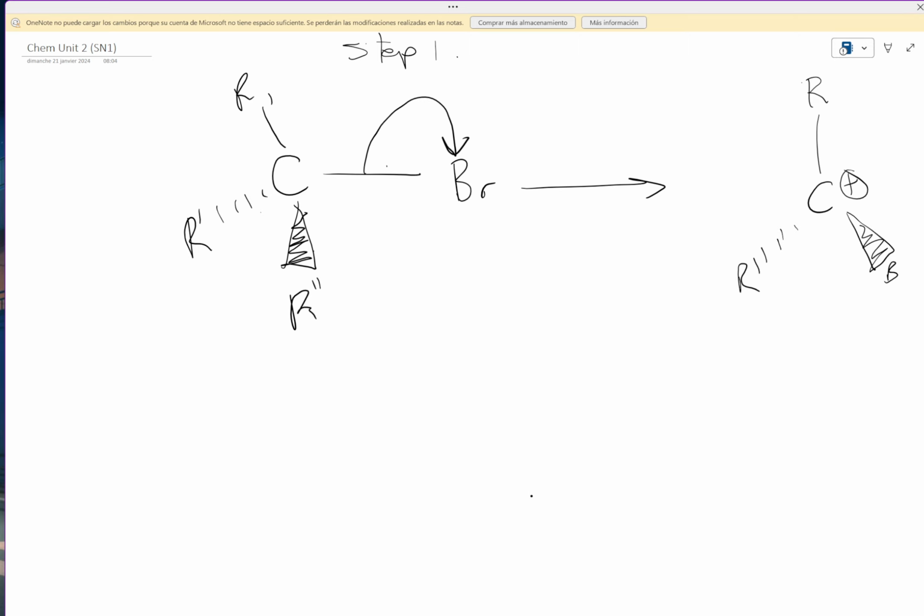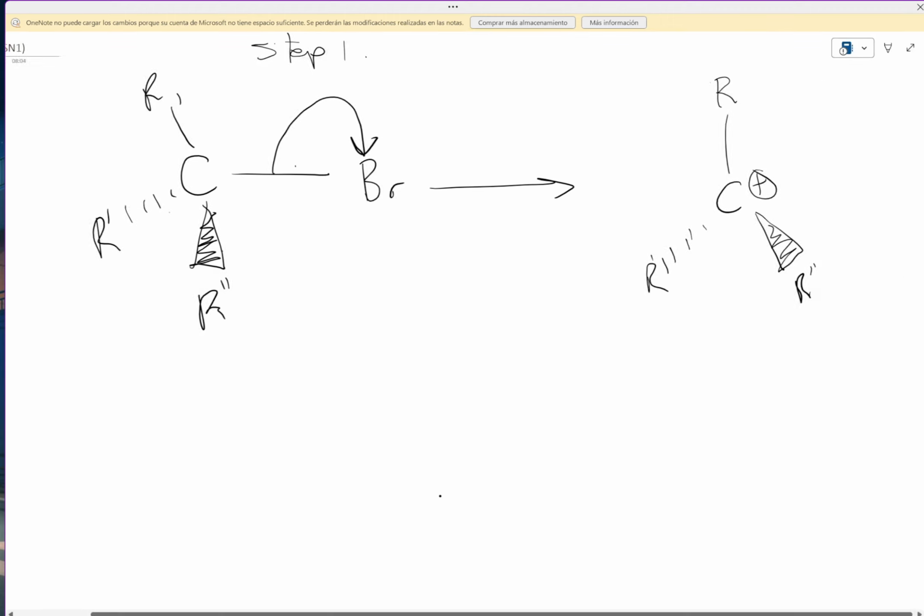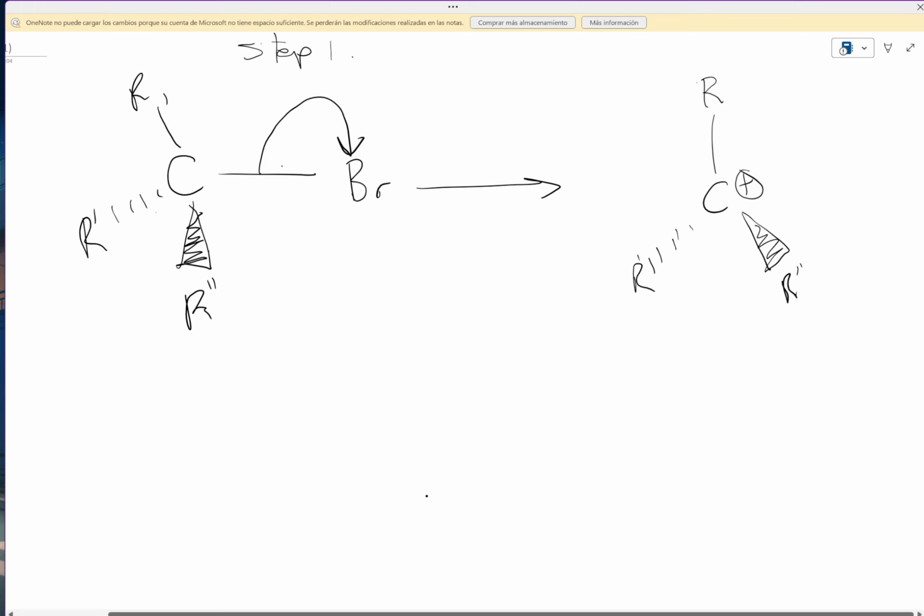Everything there should be fine. So the first step is the formation of our carbocation. It's showing the leaving group, and the heterolytic cleavage of that carbon halogen bond there. Let's use hydroxide as our nucleophile.